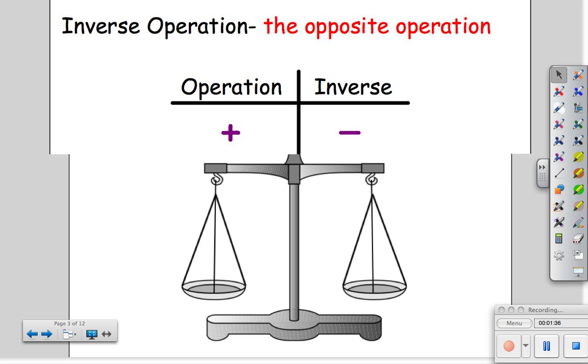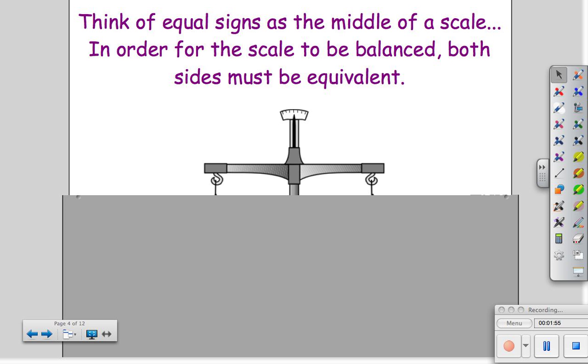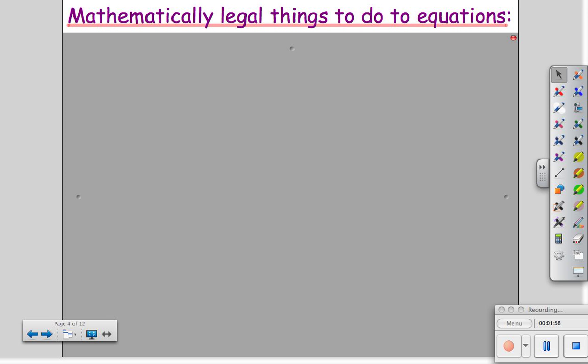When you're thinking about equal signs, think of a giant scale. Both sides have to be balanced. So in order to balance them, you can only move things on and off as long as you're doing the same thing to both sides. So some mathematically legal things to do to equations.